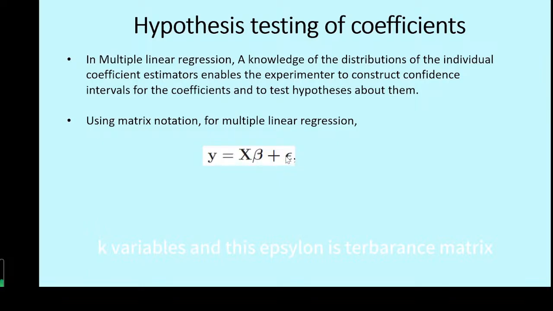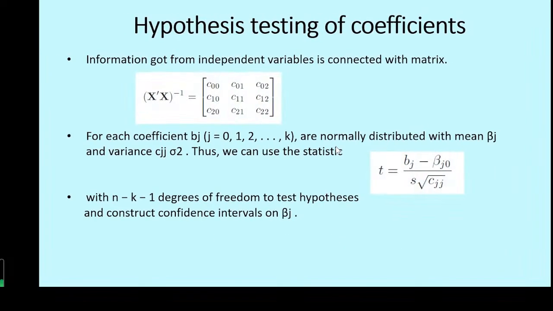And this epsilon is the variance matrix. So this epsilon, we hypothesize that this is normally distributed with variance sigma square. And this matrix is very important to be used in coefficients estimation.